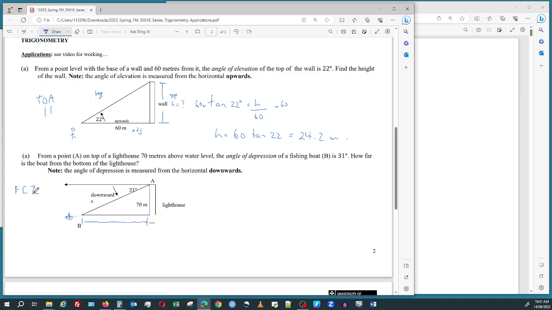So FCZ with your parallel lines means that this angle here is also this angle here. So like the one above where we did TOA, we can do opposite over adjacent for tan. Now it's a right angle triangle, although that should be drawn in. And so the internal angle is 180 degrees.